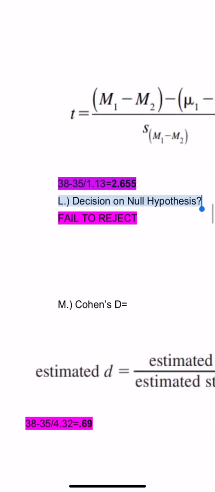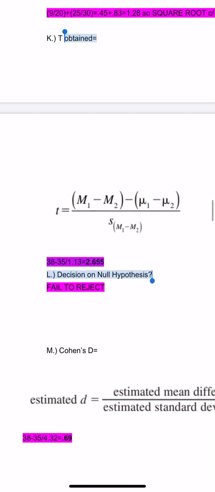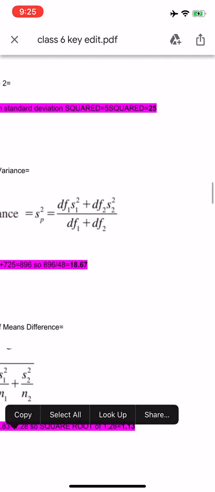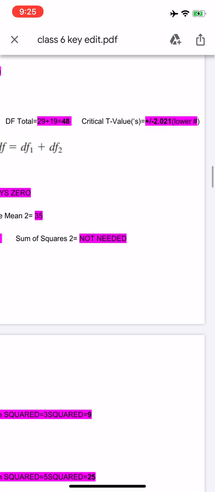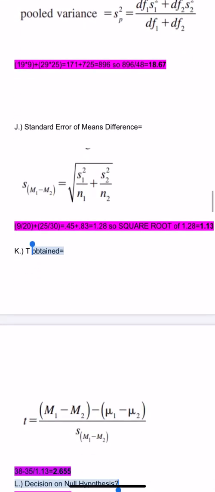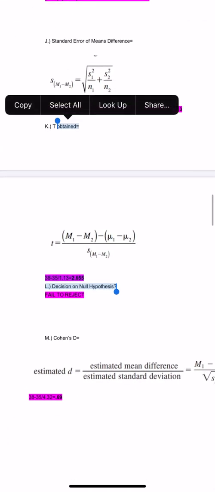We reject the null hypothesis, because the t obtained of 2.655 is bigger than plus or minus 2.021, then we know that we must reject the null hypothesis.